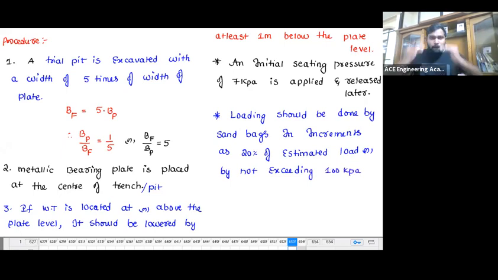So you are going to apply the load in such a way. One sandbag should be applied, and the next increment should not be more than 20% of the estimated load, or it should not exceed 100 kilopascals. Definitely it should not exceed 100 kilopascals.